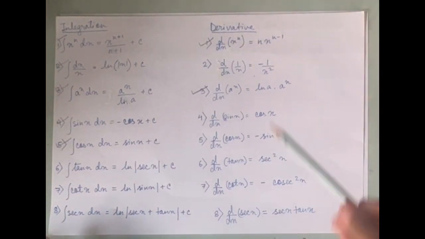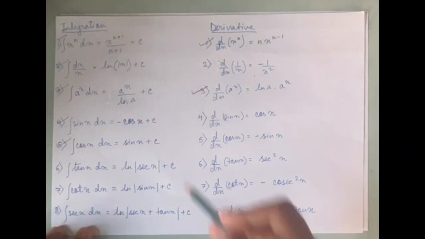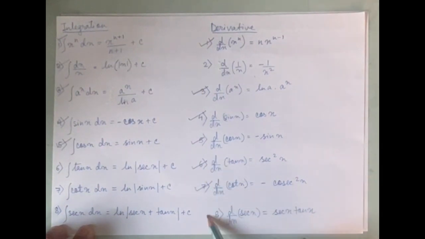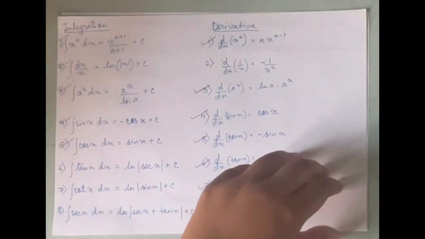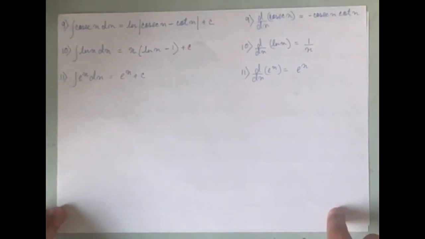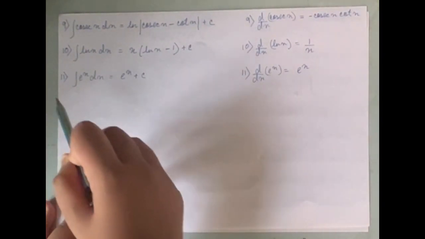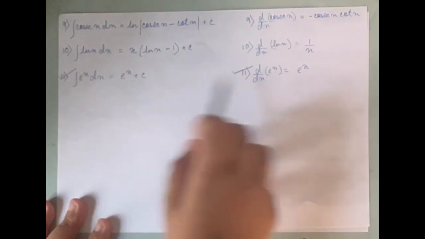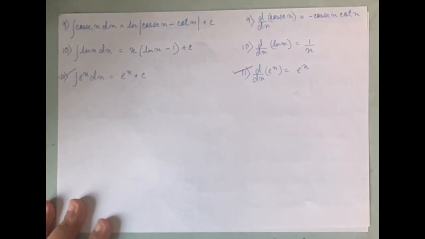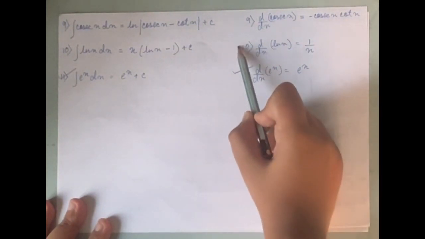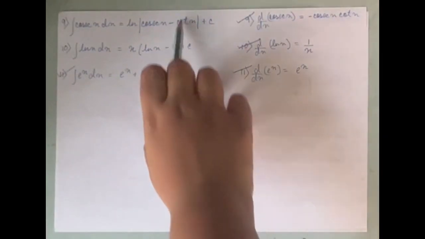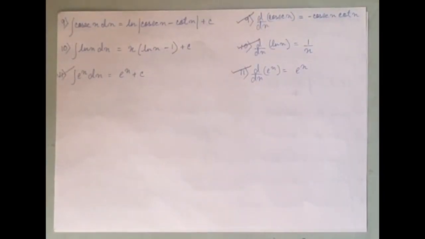In derivative, this is important, cos x, tan x, cot x, sec x, these are important. And on the next page, we can see that the derivative of e to the power x and the integration of e to the power x are the same. This is important. And in derivative, ln x is important and cos x is also important. These are not so important in physics.